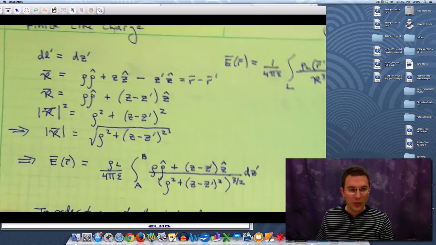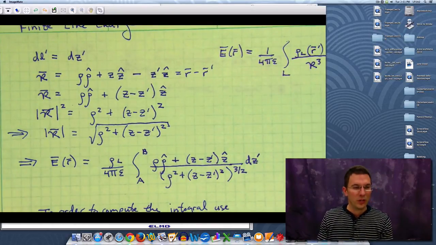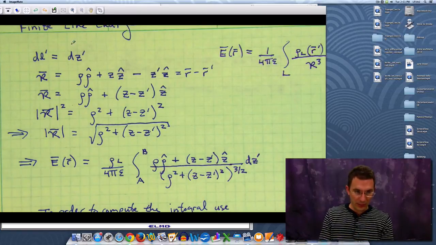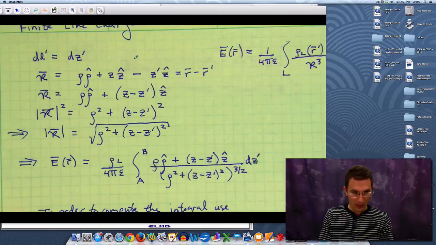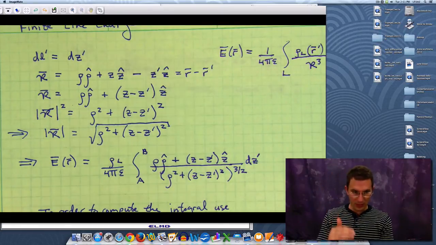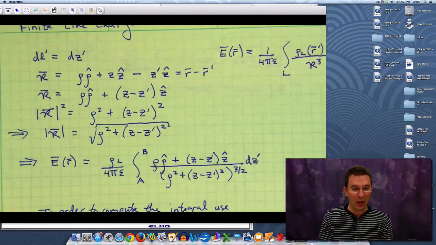So for this particular geometry, again, you'll have to refer back to the picture I just showed you. We're going to allow dl prime to simply be dz prime, so we're just integrating along the z-axis from A to B. Our differential length is simply dz prime for this problem.